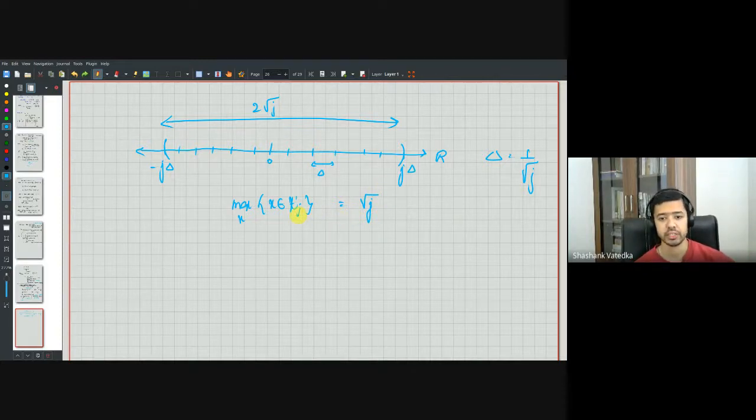So as j tends to infinity, this range tends to infinity. This range becomes wider and wider as you let j tend to infinity. But what happens to the spacing between 2 points? As j tends to infinity, delta tends to 0.